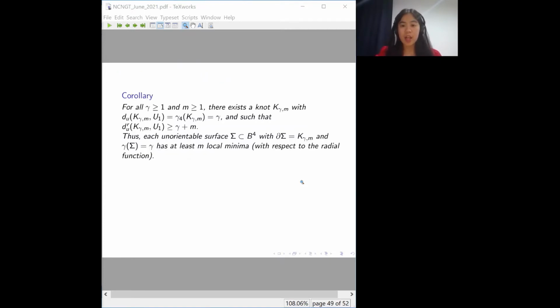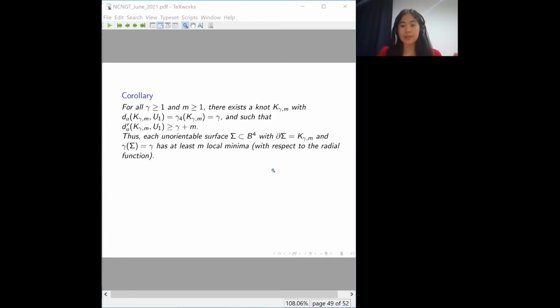From here, we can conclude that for any fixed genus gamma and positive integer m, there is a knot such that its standard cobordism distance to the unknot is gamma, but its refined cobordism distance to the unknot is at least gamma plus m. So we can make it arbitrarily different.